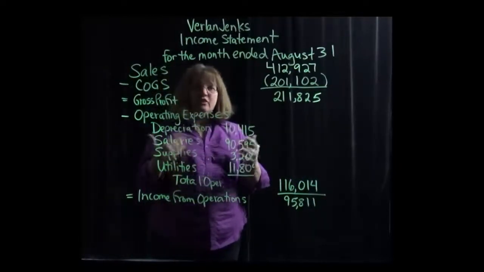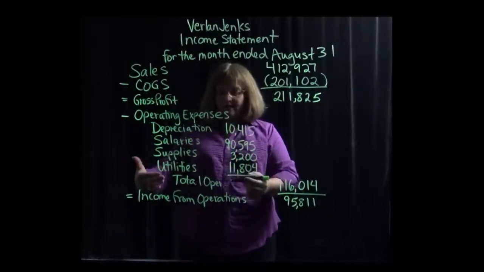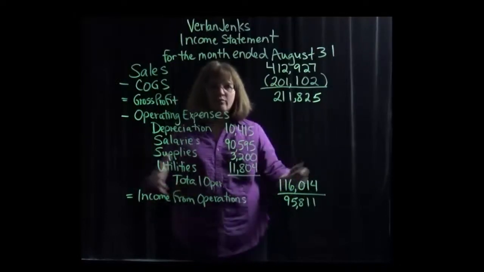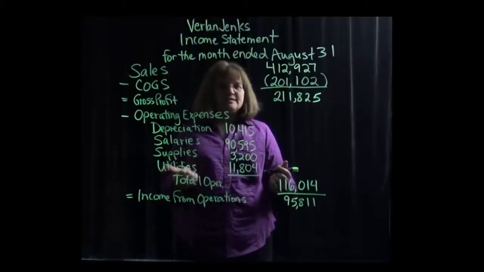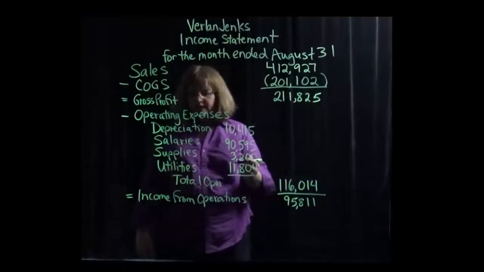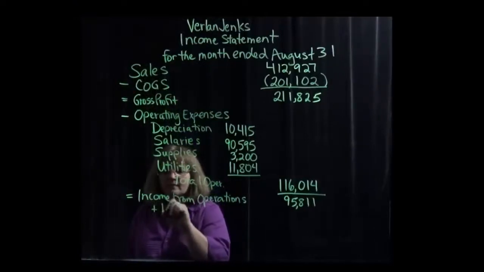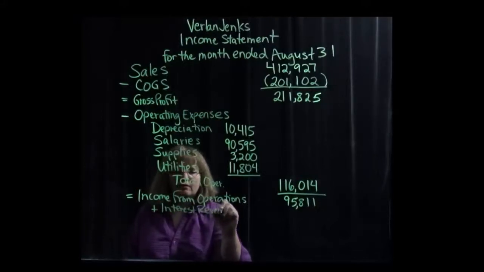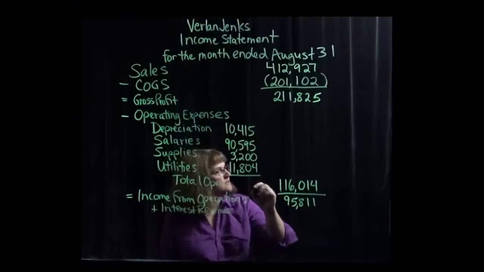And I should have mentioned the subtotal that we're trying to calculate next is income before taxes. And so we're going to take anything else besides income tax expense that we haven't already incorporated that is a revenue or expense. It's going to fit into this other revenue and expense category. And it will help us calculate that subtotal called income before taxes. And so in this case we have interest revenue. And that amount is $2,020.